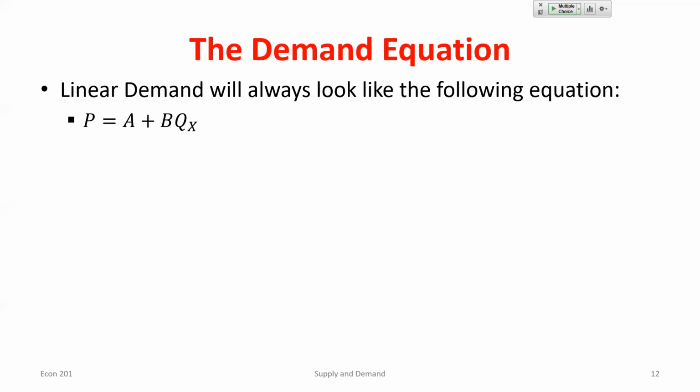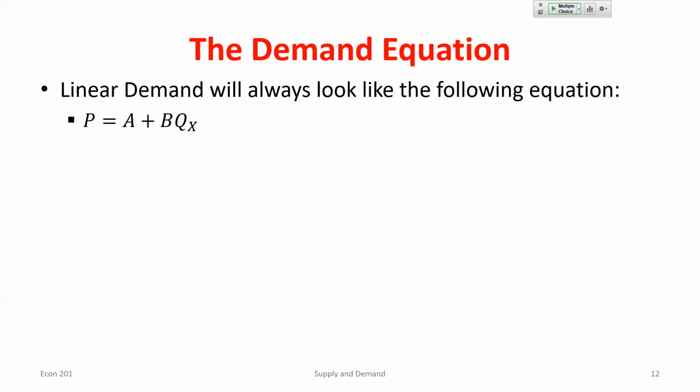And then we're going to have B, which will be our slope, times our x variable, which we said was just the quantity demanded. However much is demanded of this good will correspond to some price that people are willing to pay.